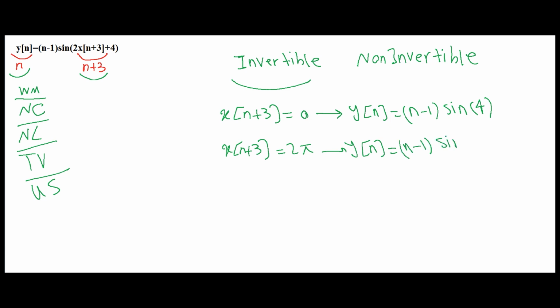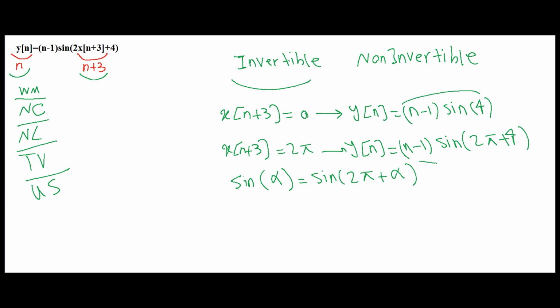Then the output becomes (n minus 1) multiplied by sine of 2π plus 4. We know that sine of alpha is equal to sine of alpha plus 2π. Therefore, two different inputs produce the same output. Hence, the system is non-invertible.